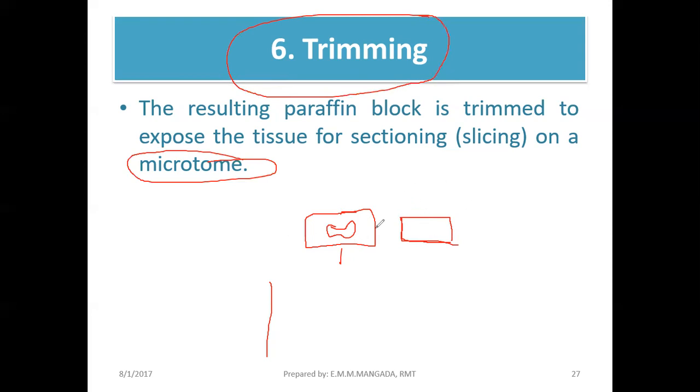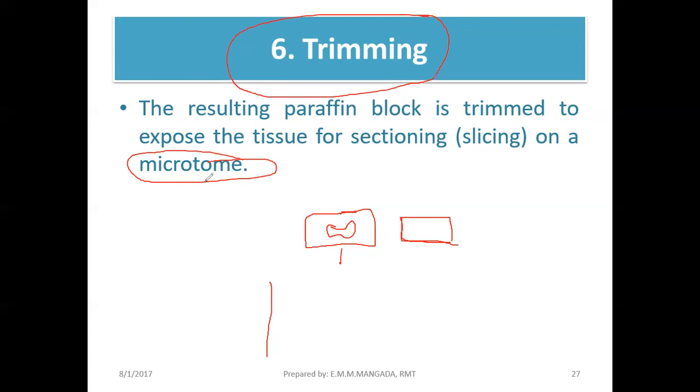During the embedding process, the tissue gets covered. Your tissue is not immediately visible. Usually it is in the middle, so sometimes it is covered by a thick layer of paraffin. To get a sample, you have to expose your tissue, and that is through the process of trimming. So that is our trimming process.